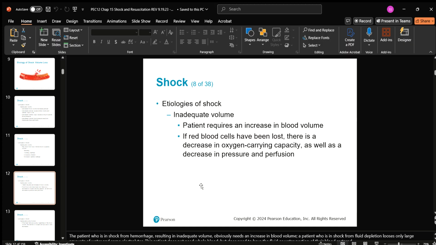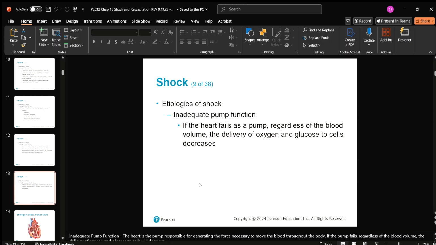IV fluid's not going to cut it. What do they need? They need blood. They need whole blood. Not just packed red blood cells. They need whole blood because that's going to have the plasma as well. Okay, that's going to have the plasma.